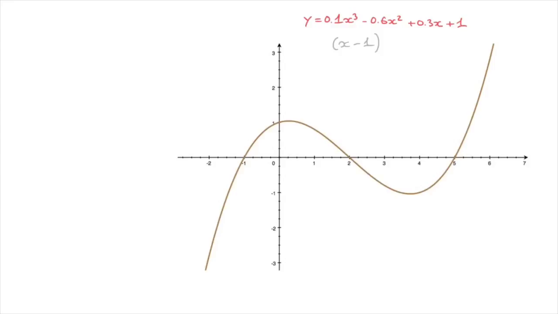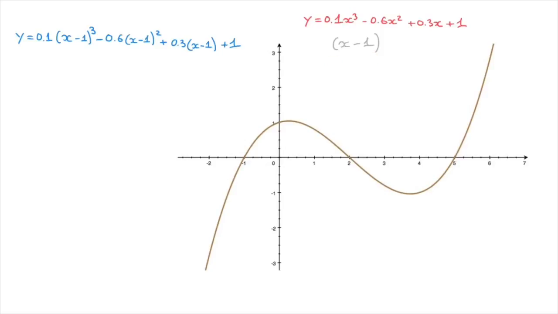In other words, we need to define the new curve whose equation would be y equals 0.1 times (x minus 1) cubed minus 0.6 times (x minus 1) squared plus 0.3 times (x minus 1) plus 1. And remember, all I've done to obtain this equation is copy the original equation we had, but I replaced every x we see by x minus 1.